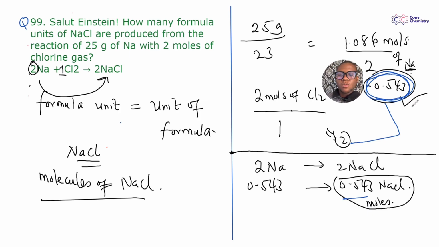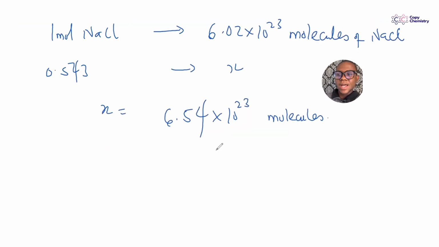You'll notice that we're not supposed to use this to continue with our proportion, but to use the original 1.086 moles we're given. We're not supposed to use this to proceed here. No, this is wrong. You have to use 1.086, so I'll need to multiply this by 2 to correct that.